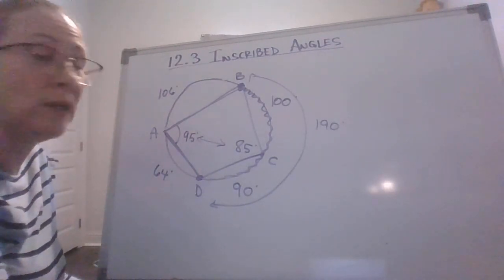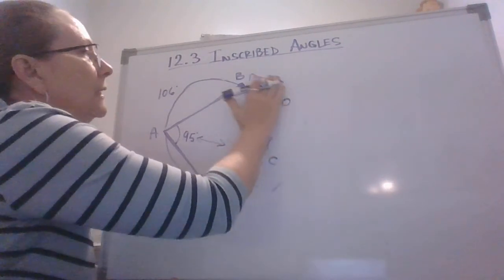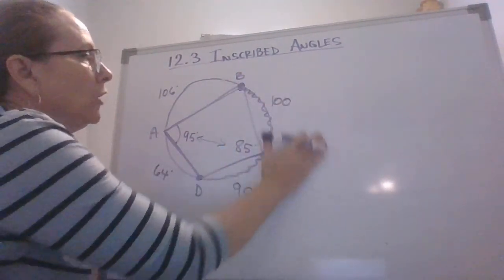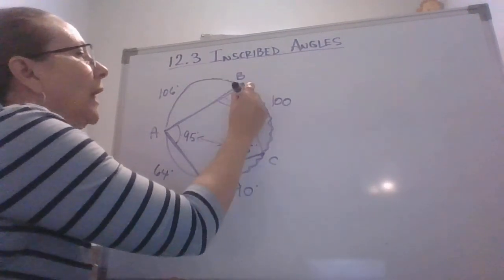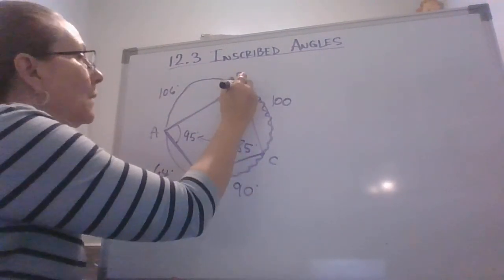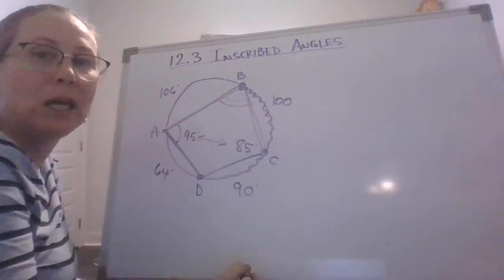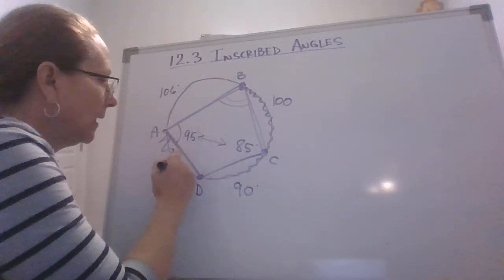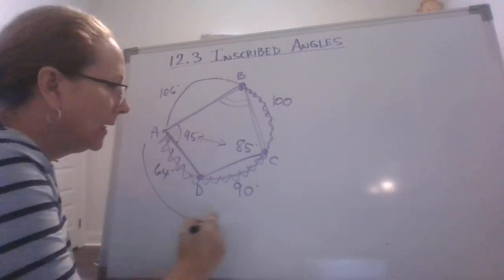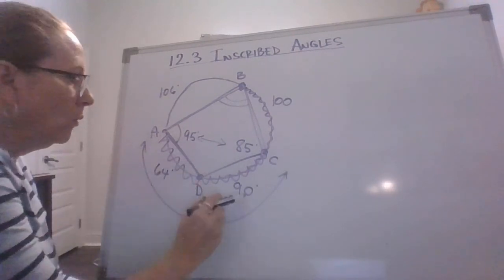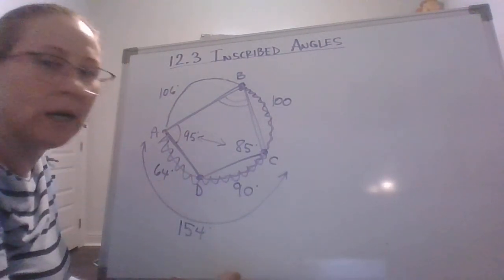Now, next one up, let's go back to our diagram. I'm going to get rid of the 190. And we're going to go to angle B because we still have two more angles to find. Angle B opens up to A and C. Well, where's the arc for that? That arc goes from A to C. So it is A to C, or 90 plus 64, 154.